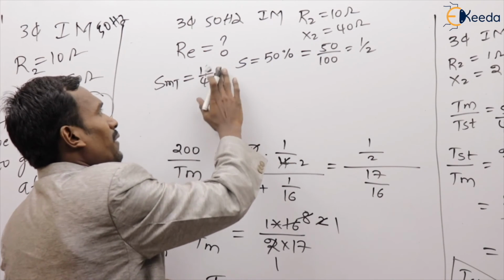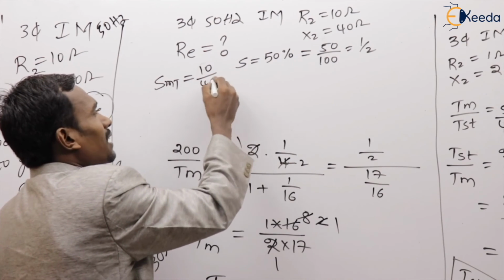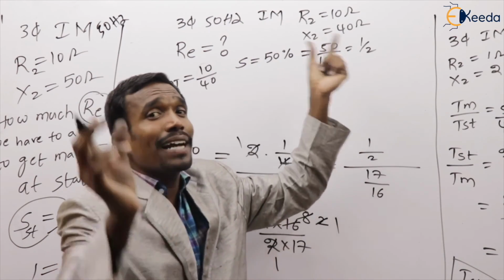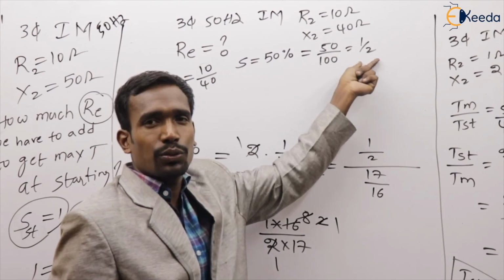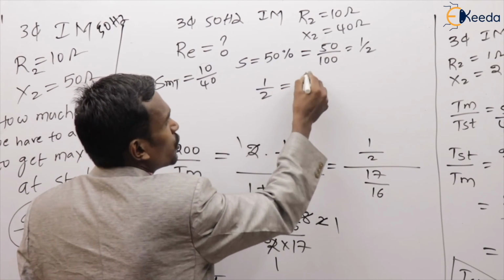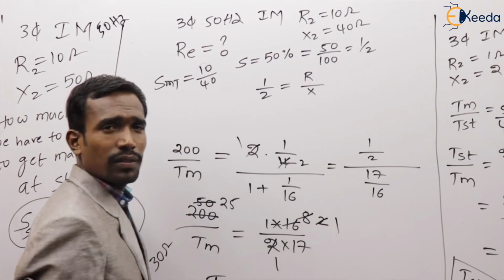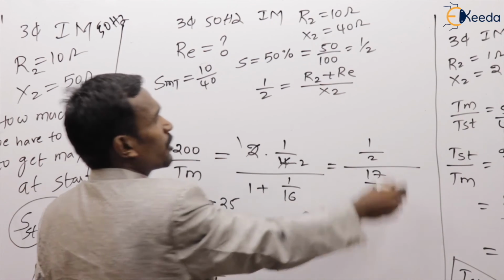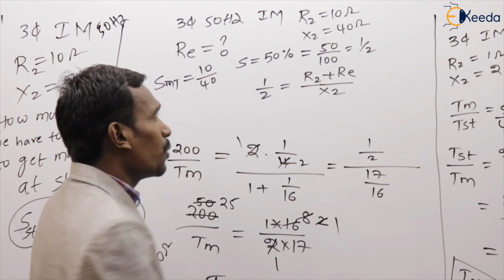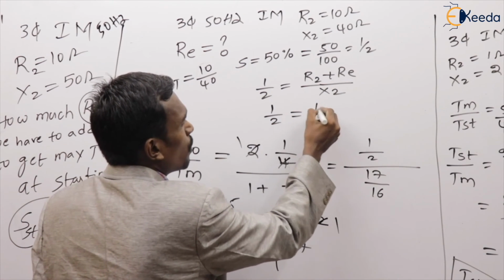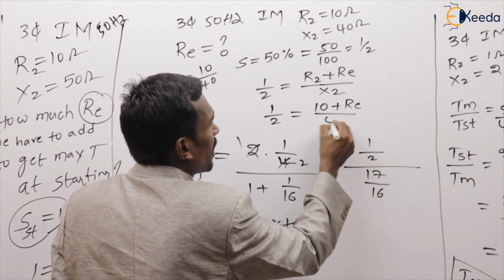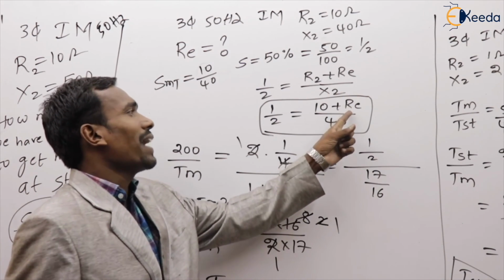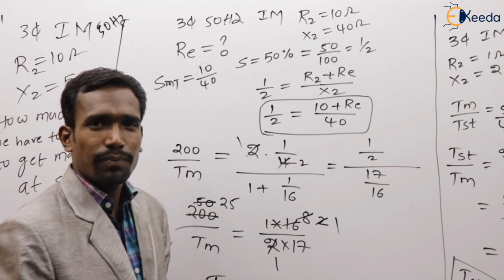They asked how much extra resistance we have to add to get maximum torque at a slip of 1 by 2. So 1 by 2 is equal to R by X, that is (R2 plus RE) by X2 should be equal to 1 by 2. 1 by 2 is equal to (10 plus RE) by 40.